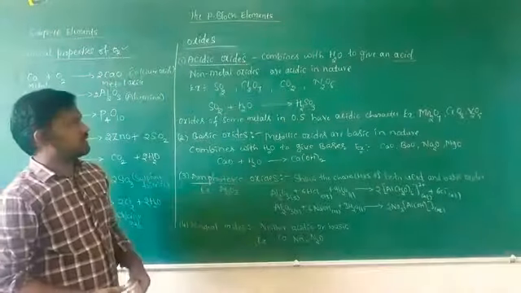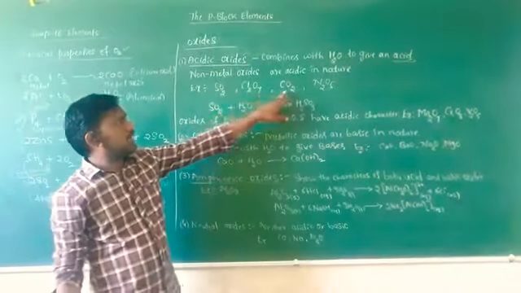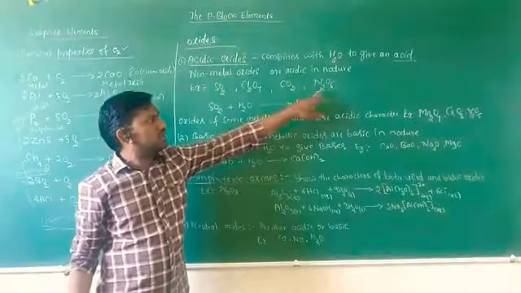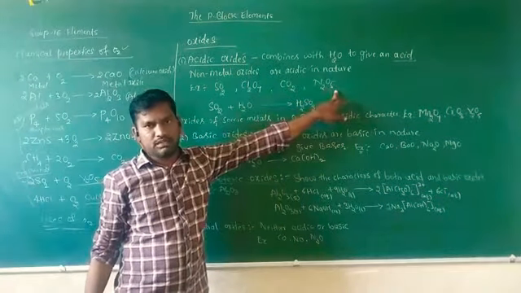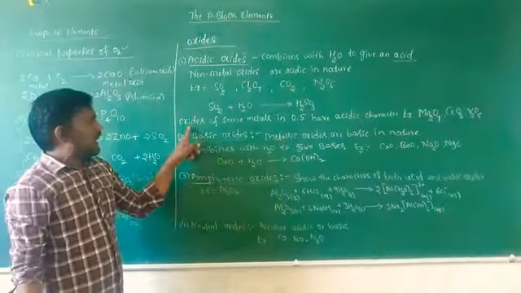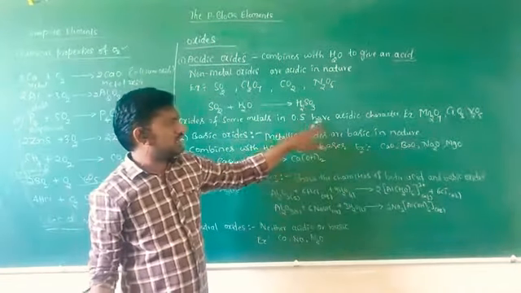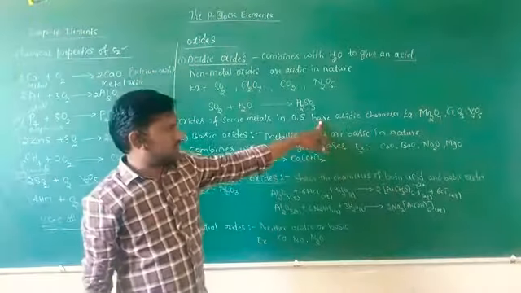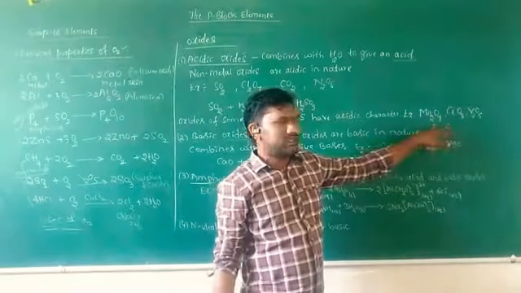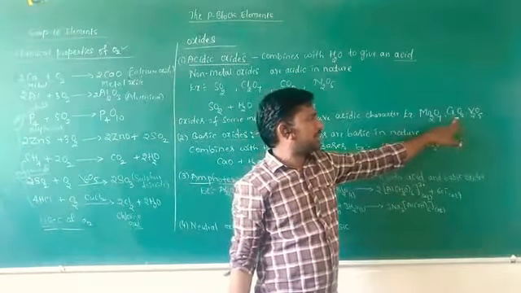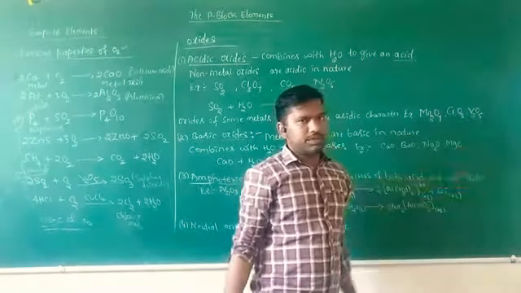Examples: SO2, sulfur dioxide, chlorine oxide, carbon dioxide, dinitrogen pentoxide. Oxides of some metals in high oxidation state have acidic character. Example, Mn2O7, CrO3 and V2O5.